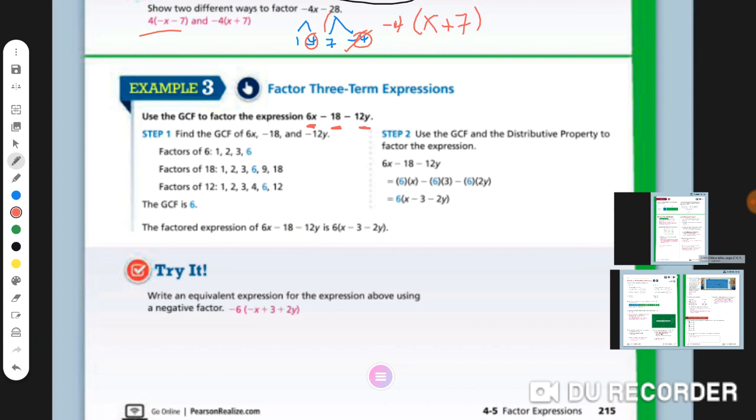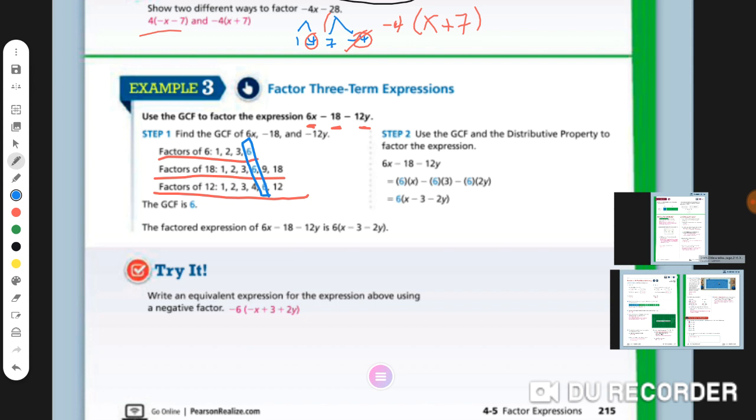The factors of 6: 1 times 6, and 2 times 3. What about the factors of 18? 1 times 18, 2 times 9, 3 times 6. Okay? What about the factors of 12? 1 times 12, 3 times 4, 2 times 6. Yes. What is the highest common factor? It's 6. So the highest common factor is 6.